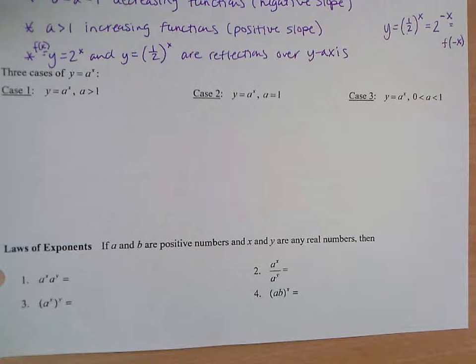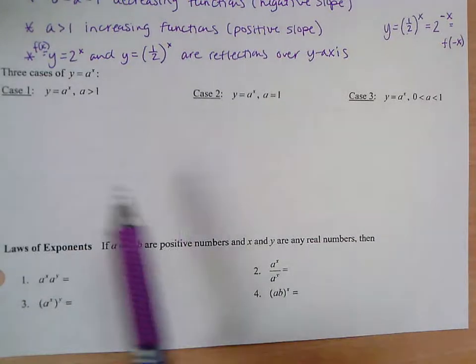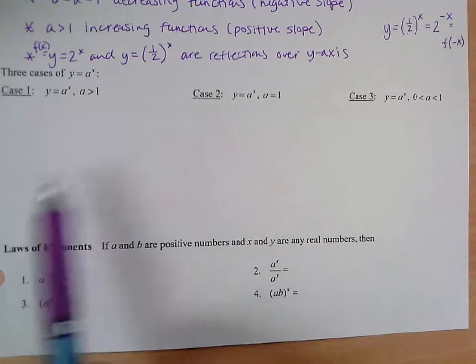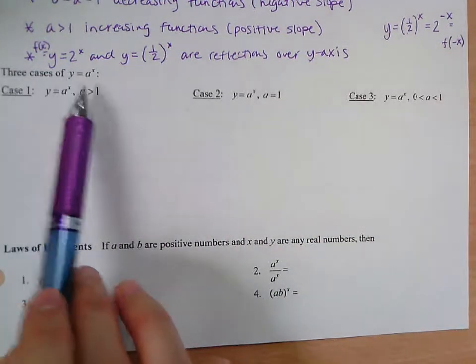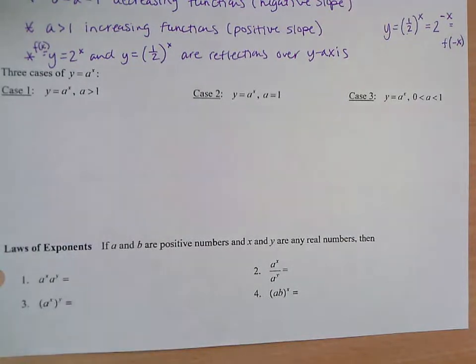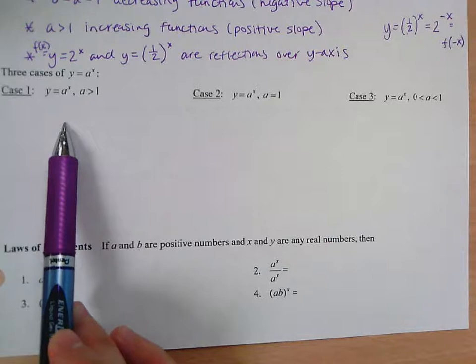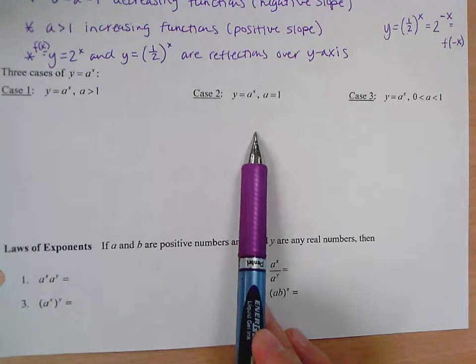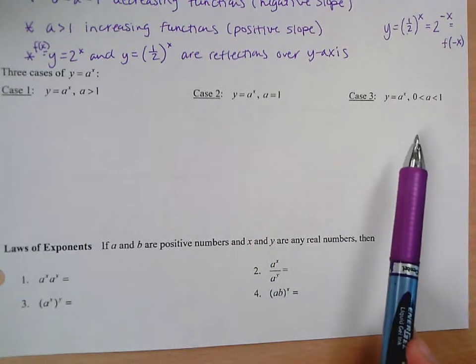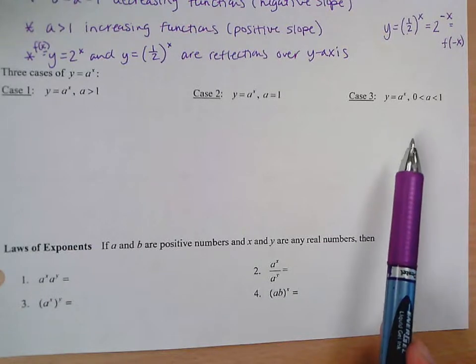Okay, so I think we hit most of the relationships or similarities that I was looking for. And these we kind of already talked about. I just want to list them out again. So I have 3 different cases if you have y equals a to the x, where a is a positive constant. A could be a number greater than 1. A could actually equal 1. A could be less than 1, but still greater than 0 since it's positive.